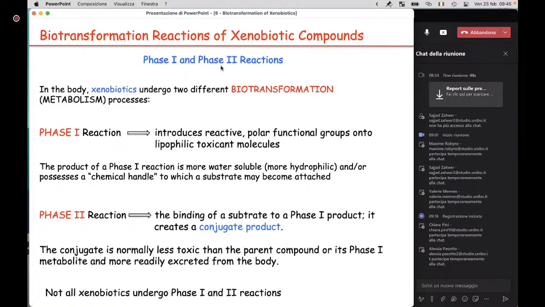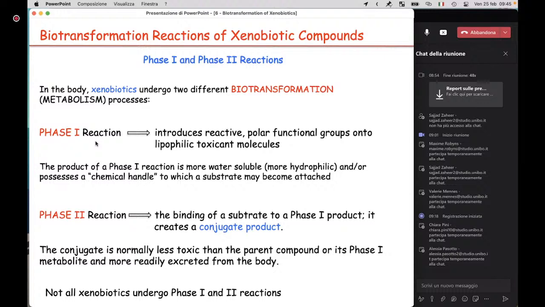They are called this way because usually the first reactions that happen to the compounds in the body are those of phase 1, of course, and then the compounds already modified by phase 1 metabolism undergo also phase 2 reactions, but this is not always the case, okay? Some compounds can undergo directly phase 2 reactions without undergoing phase 1 reactions, okay? But usually it is phase 1 and then phase 2.